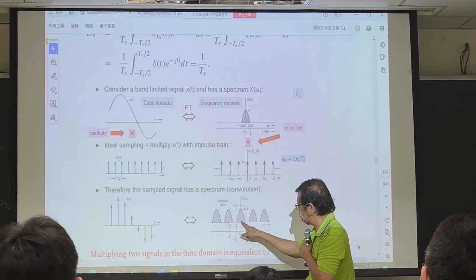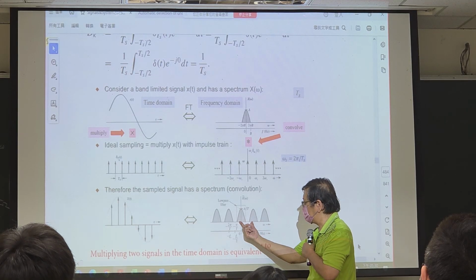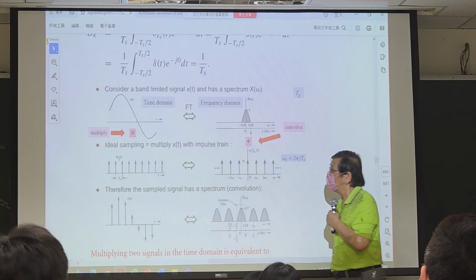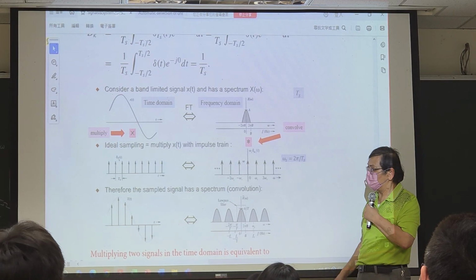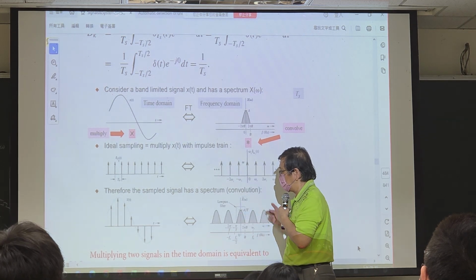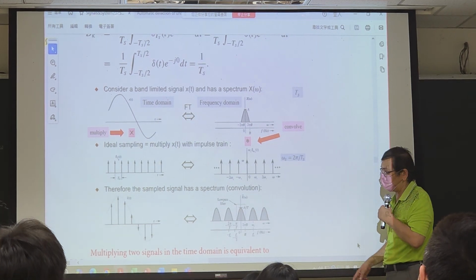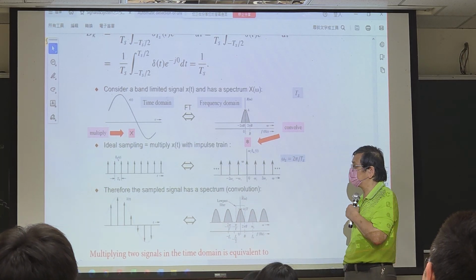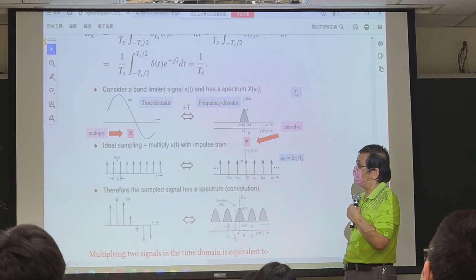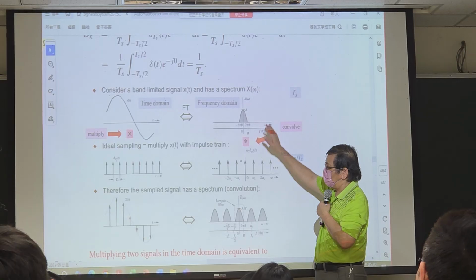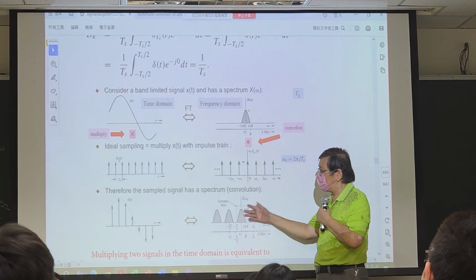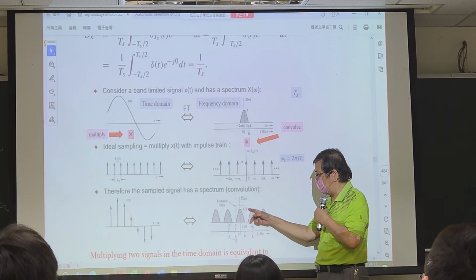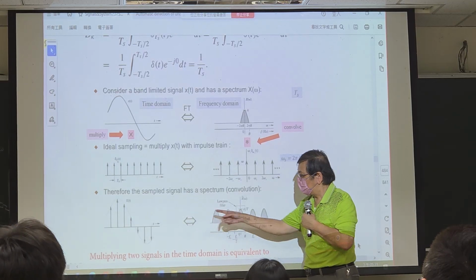Suppose this is 0 and this is omega s: one sampling frequency, two sampling frequencies, three, and so on. So we produce multiple frequency components. We start from only a single hump, but after sampling, we have an infinite number of frequency humps. This is the original, and these are due to the sampling.